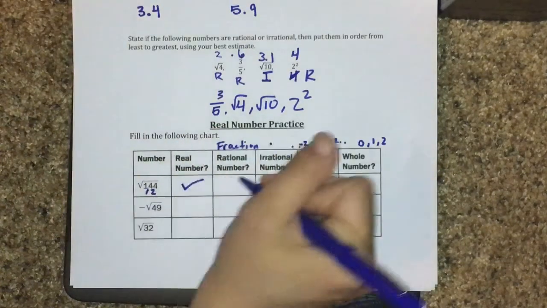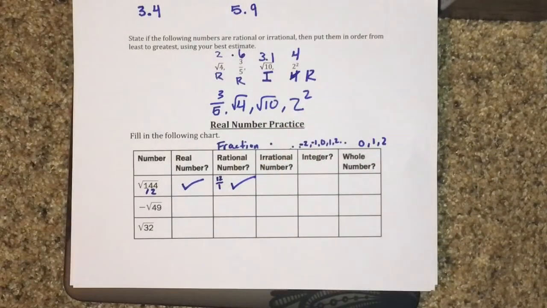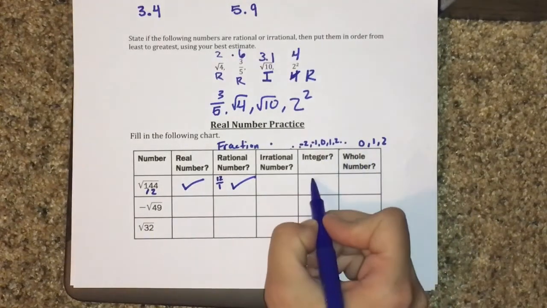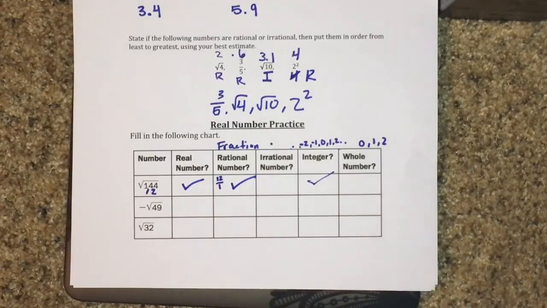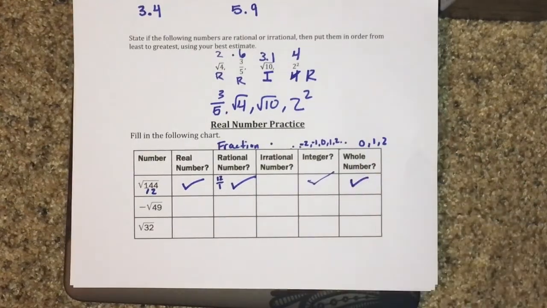Well, that fraction is going to look like 12 over 1, so yes. If it's a rational number, it's not going to be an irrational number. Is 12 an integer? Well, it will be an integer because it exists in those positive whole numbers. And is it a whole number? Yes, it is a whole number.